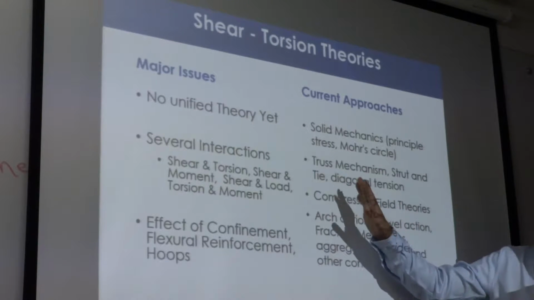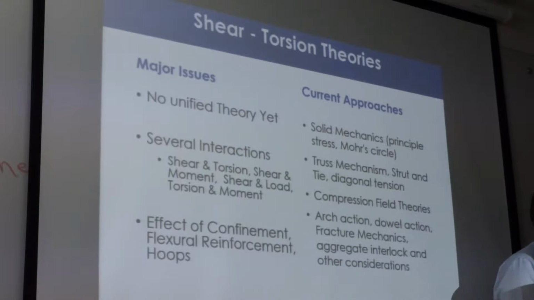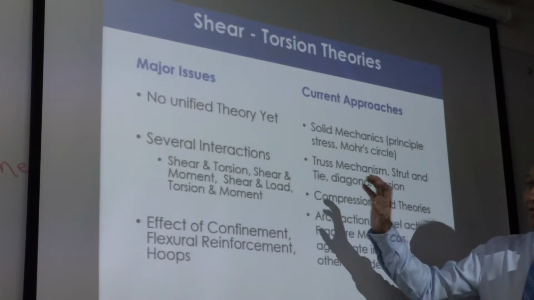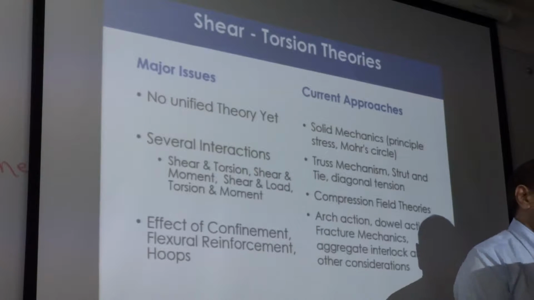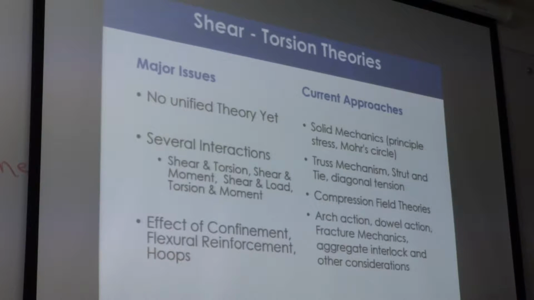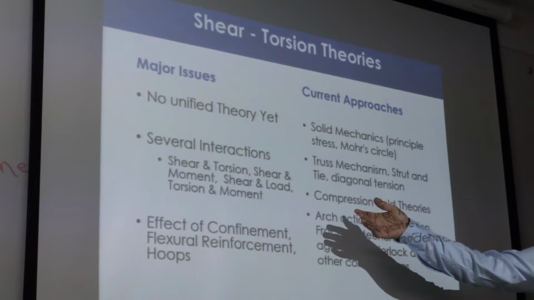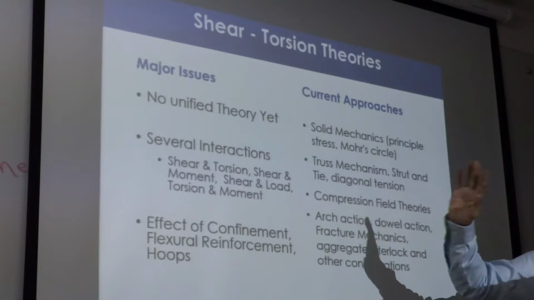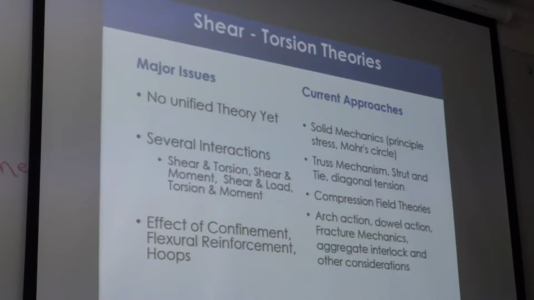So there is no single equation that I can give you that will solve all of the shear and torsion problems, unlike the one that we have developed for bending and axial load. There are many reasons why it cannot be done, and we will understand that as we go along. But there is a way to deal with them in a single unified manner, which we will discuss in a separate topic, not in this topic.